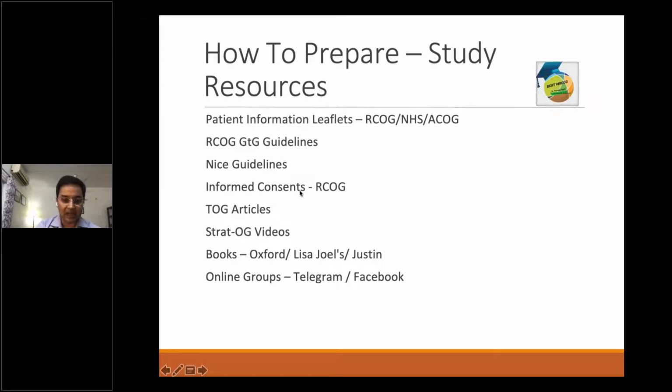Then go through all the relevant guidelines, read the RCOG informed consent material, and if possible, subscribe to the strategy resources. The exam material has case-based scenarios that will help you in your preparation. Plus, they have 14 full exam scenario videos, each representing one module.